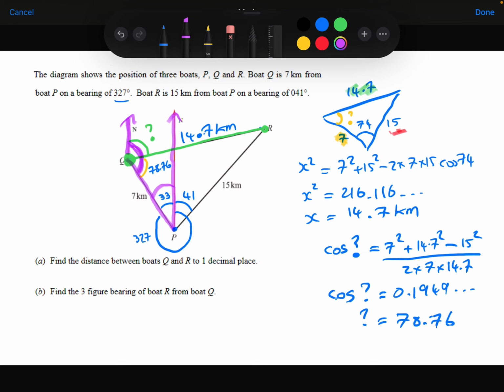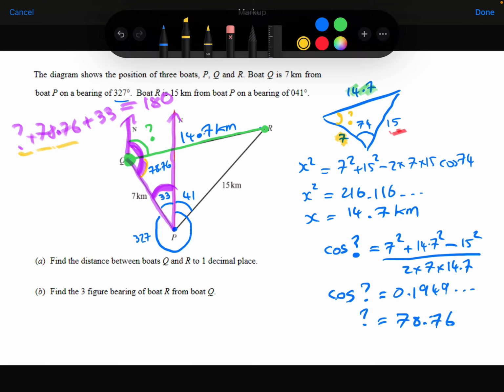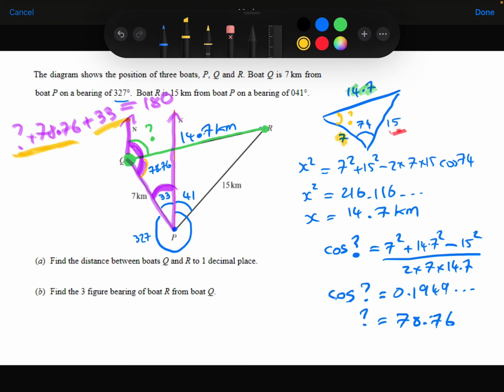So this angle here is the question mark, the bearing that I want, plus the 78.76, whatever that is, when I add the 33 to that, I'm going to get 180. So this is me adding up the co-interior angles to get 180.